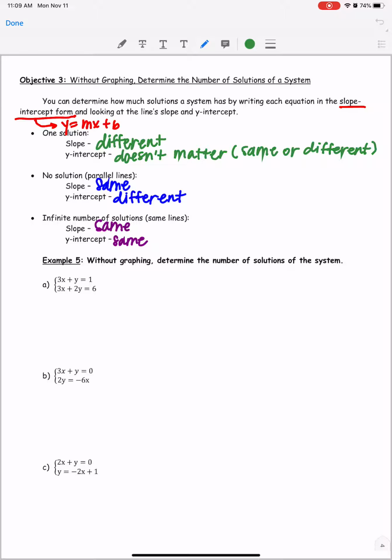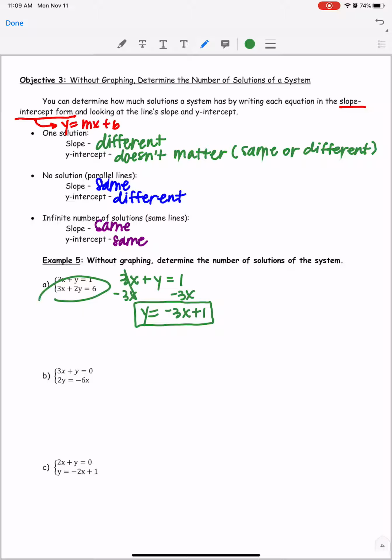So on example 5, without graphing, determine the number of solutions in the system. So here, this one, if I take this one here, we've got 3x plus y equals 1. Solve it for y. So I'm going to subtract my 3x over. I can't combine, so that's negative 3x plus 1.